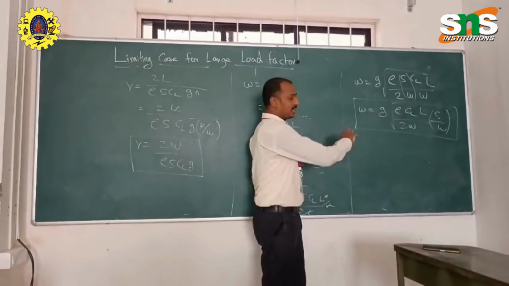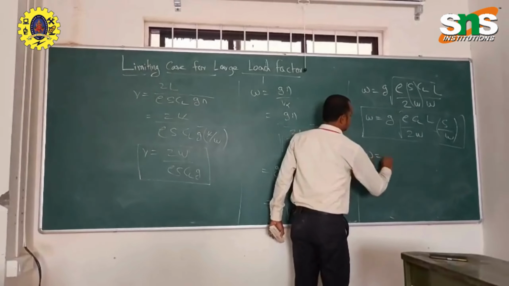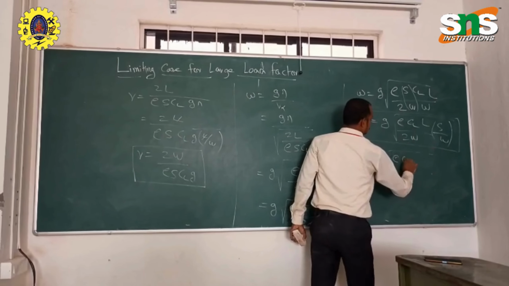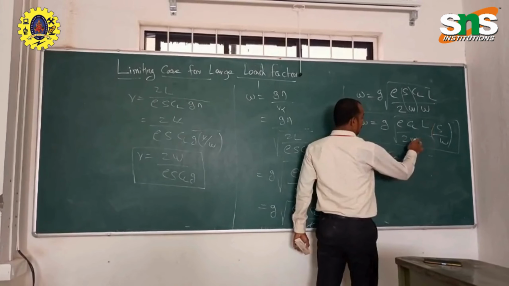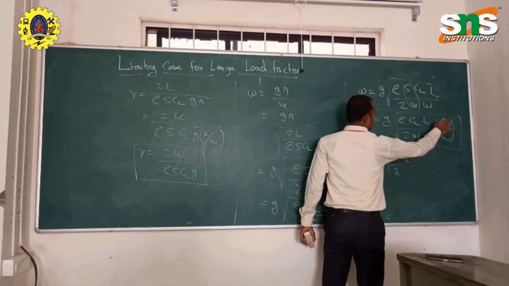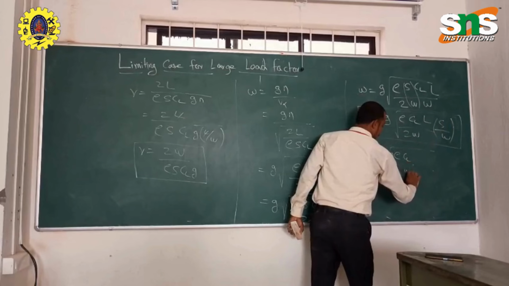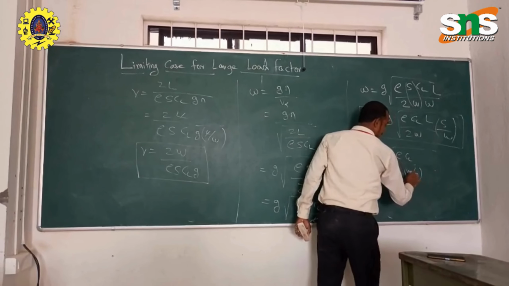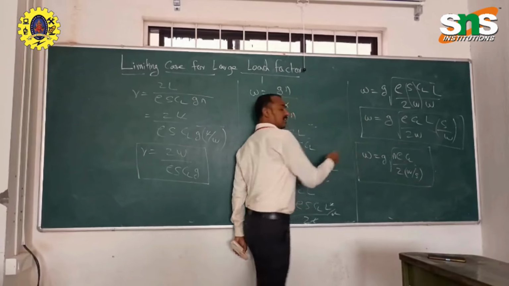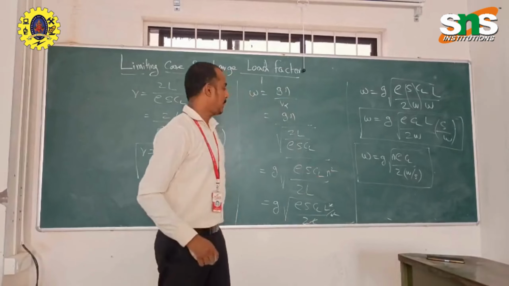We can rearrange this equation in a simplified manner: omega equals g root of rho CL n divided by 2 times W by S, where L by W is the load factor n and W by S is the wing loading. This is the turn rate in a simplified way.